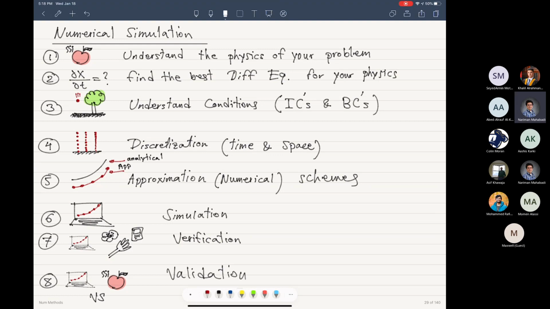Let's just have a recap of what we covered in last lecture. We talked about the different types of steps that we need to move from step one, which was about understanding the physics, to the next steps to generate our numerical simulation for these finite difference method schemes.